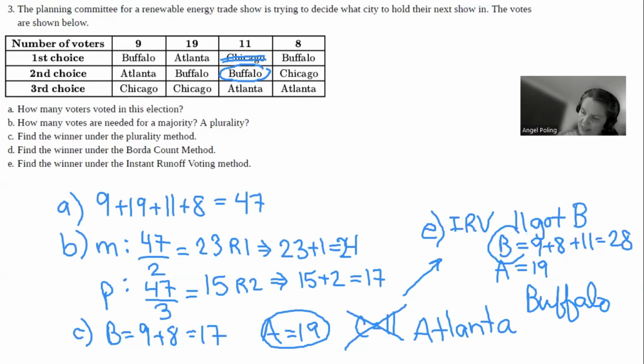And then looking at the Borda count method, let me clear this off. What we do with the Borda method is we assign weights, and the least interesting vote for you gets a multiplier of 1.